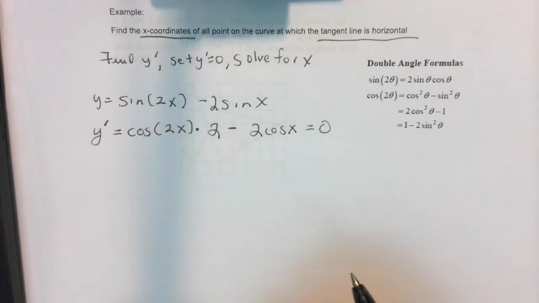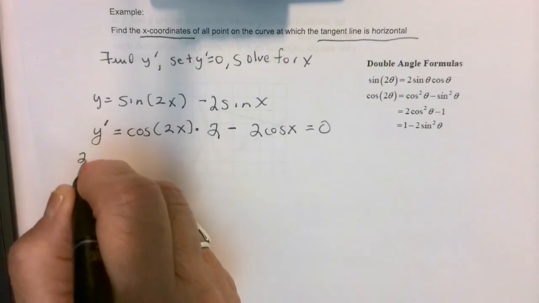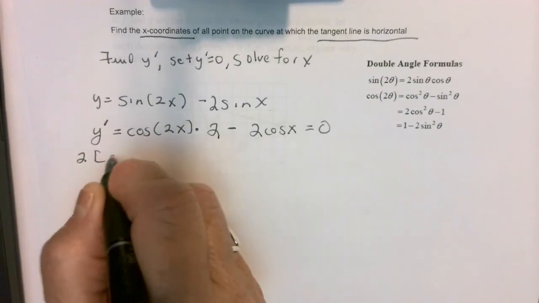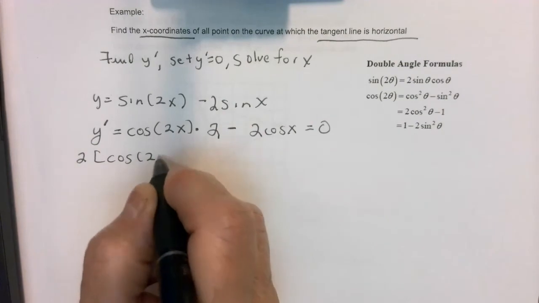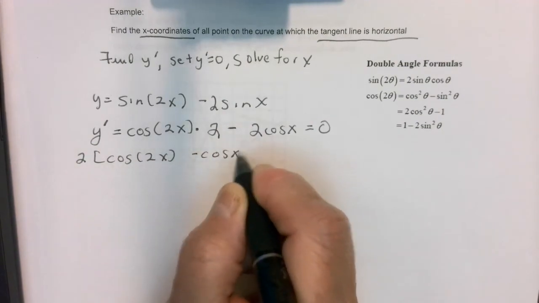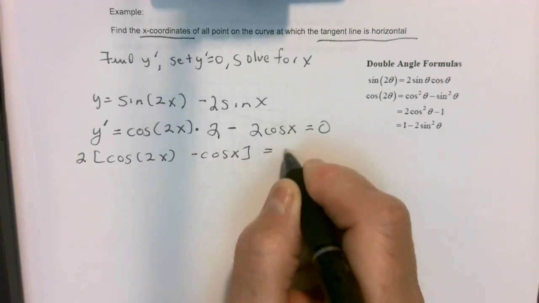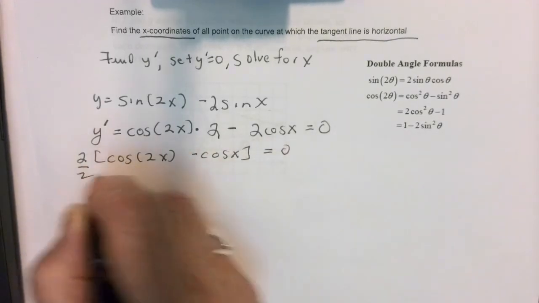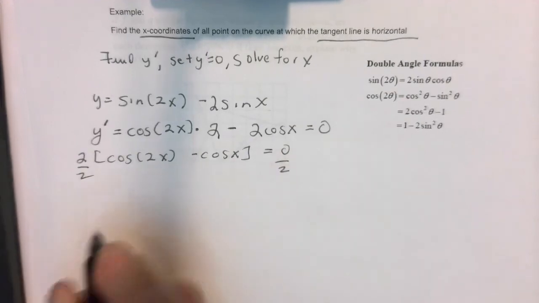So I'm going to factor out a 2. And then I've got cosine of 2x minus cosine of x equals 0. Can divide both sides by 2 and just get rid of that 2.